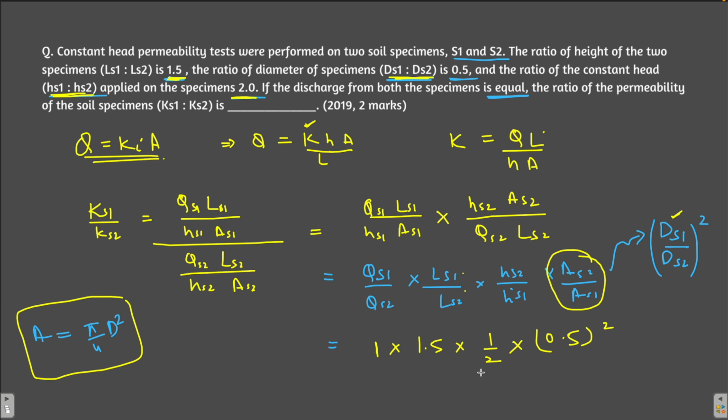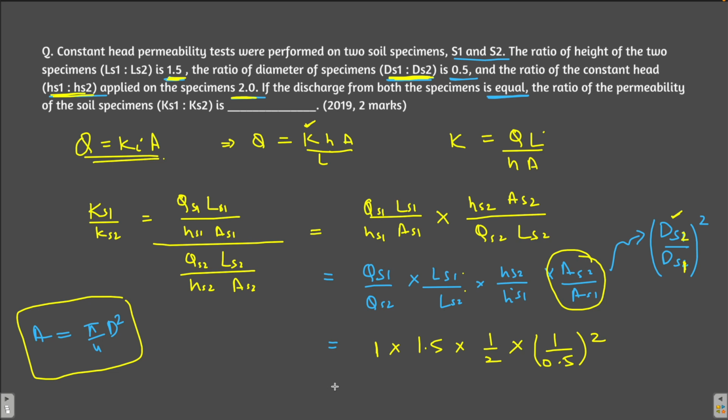Now if you solve this, okay, there is another one mistake I have done. It is AS2 by AS1. So it will be DS2 by DS1. Okay, DS2 by DS1. And DS1 by DS2 is given to us as 0.5. Then we'll be left with it will be 1 by 0.5 to the power 2.